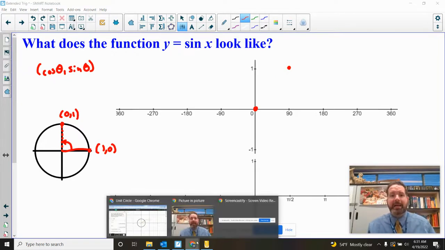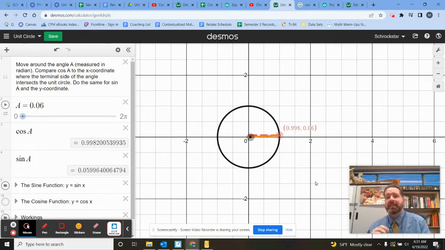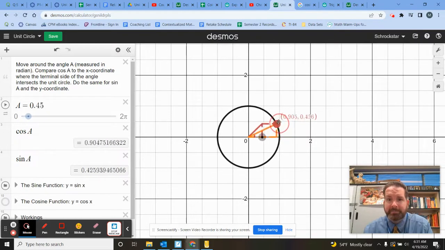For that, I would like you to go back here now to our unit circle, and I want you to turn on this folder. So click in front of the one where it says the sine function, and that will turn some things on. Now take this angle, and I want you to rotate it from straight across to straight up.